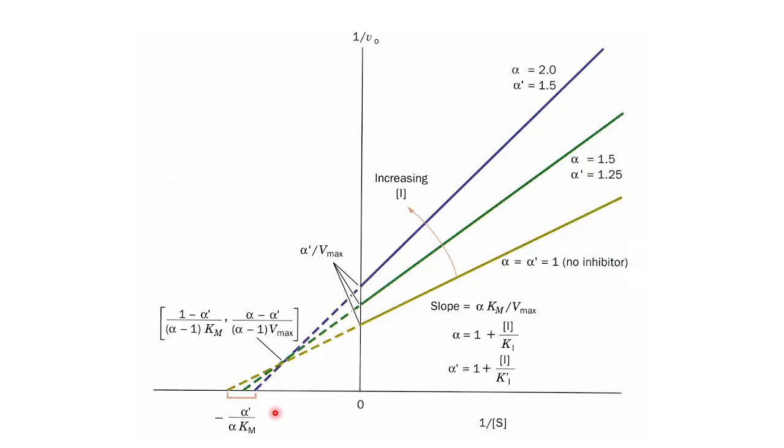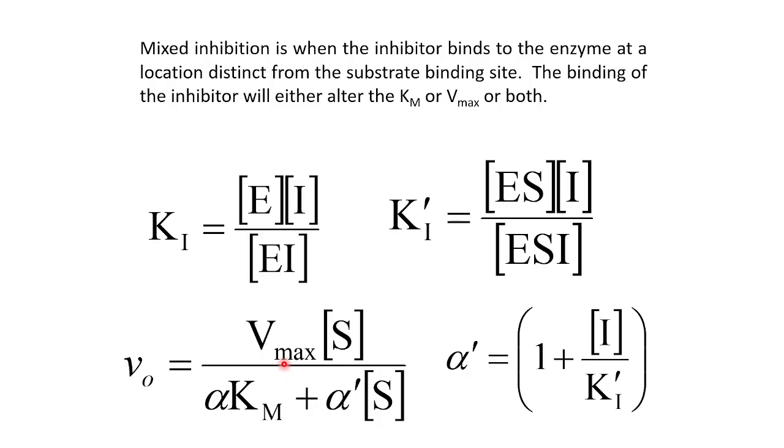So all three factors are increasing, and you get a middle point where the lines merge, that is 1 minus alpha dash by alpha minus 1 into Km, and the y-axis is alpha minus alpha dash by alpha minus 1 by Vmax.